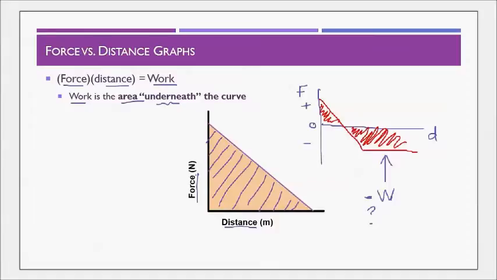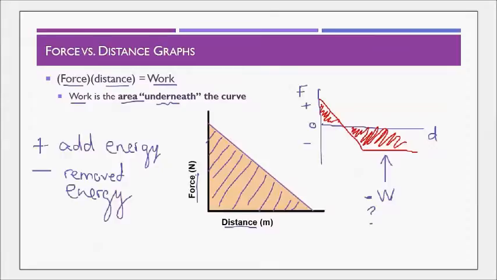In this case, positive work means we added energy, and negative work means we removed energy. So it's kind of like in and out, so they're kind of like directions, but not in the same sense of left, right, up, down.